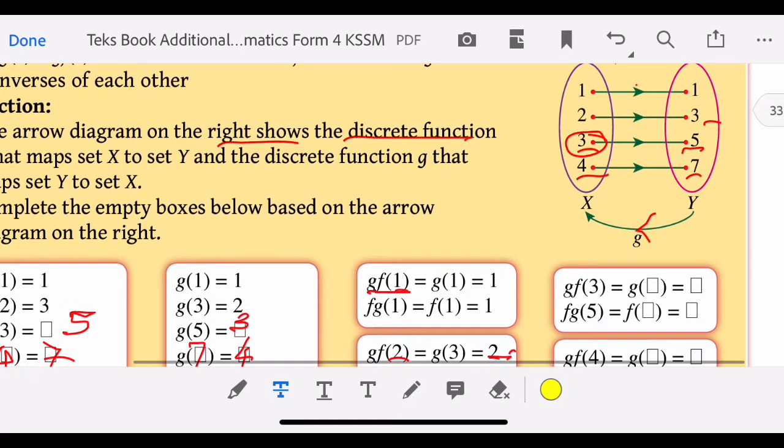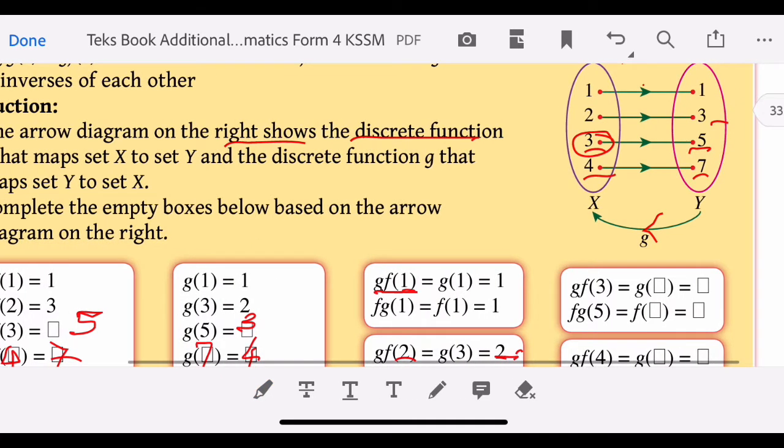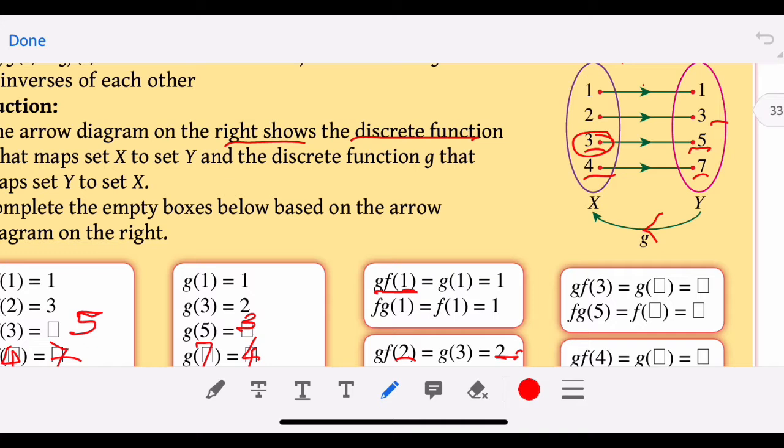Now g(f(3)), what is f(3)? Let's refer back. f(3) is 5, so it will be g(5). g(5) will bring the 5 back to 3, right? So f(g(5)) we will get 3, right?